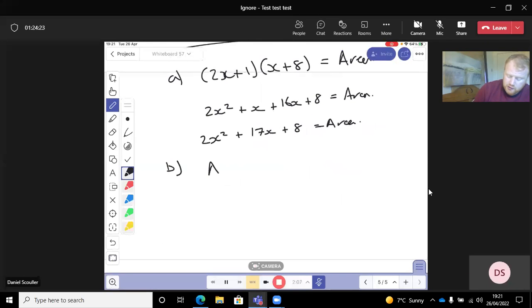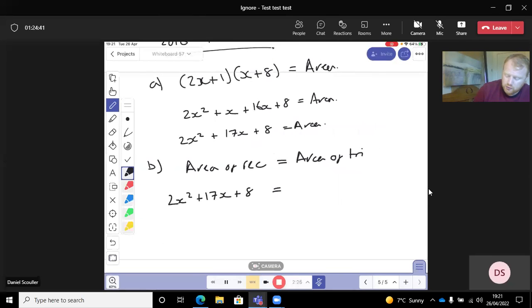So what it's saying is area of rectangle is equal to area of triangle. The rectangle we've got an expression for. The area of the triangle, we said it was 3x multiplied by x plus 5.